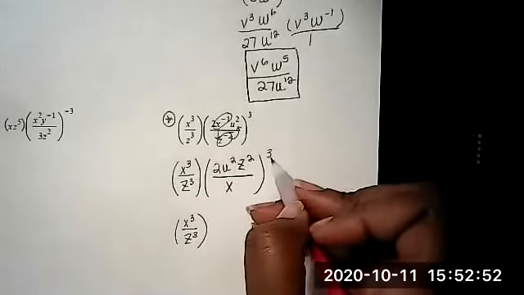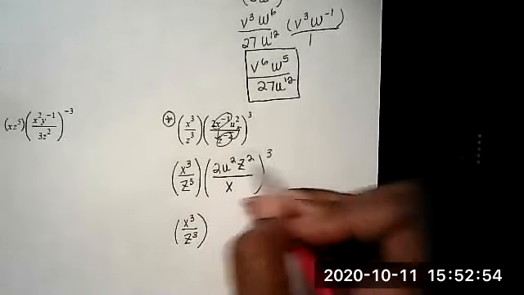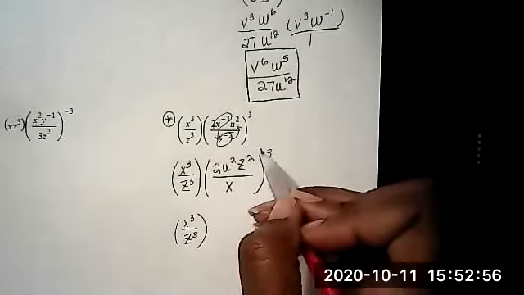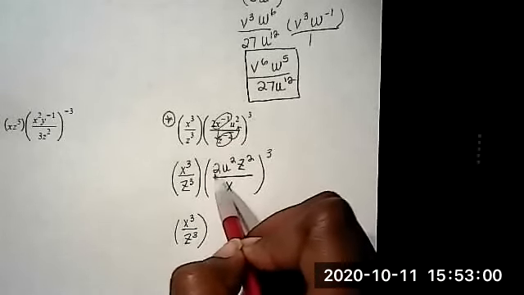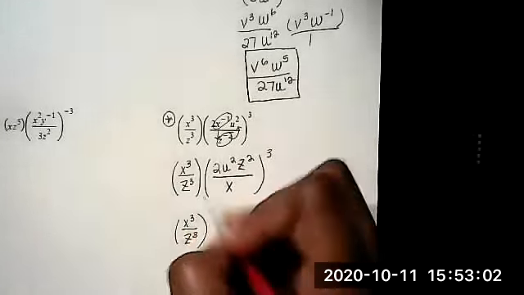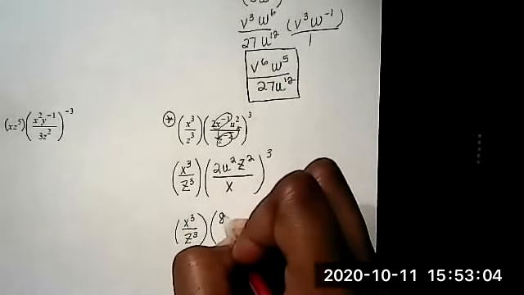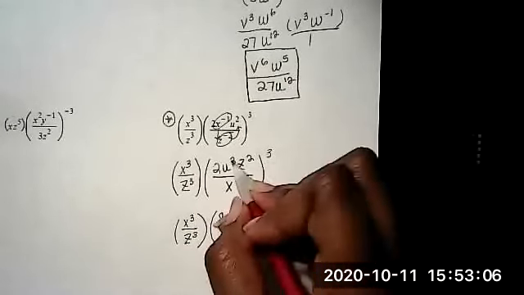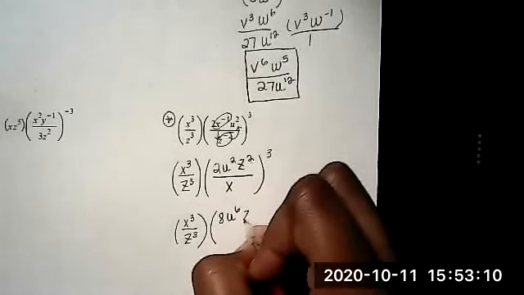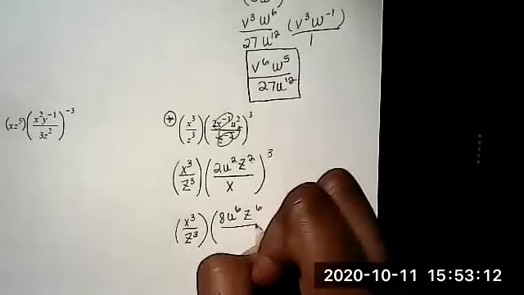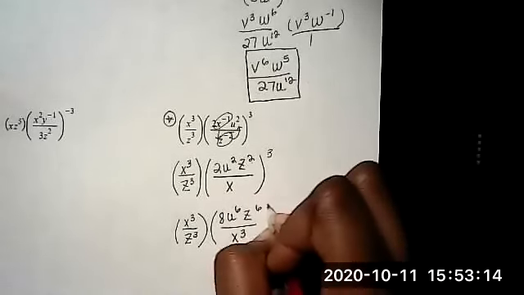That becomes 2 times 2 times 2, not 2 times 3, which is 6. 2 cubed, 2 raised to the third power, is 2 times 2, which is 4. 4 times 2 is 8. So that now becomes 8. Multiply these two, u to the 6. Multiply these two, z to the 6 over x cubed.